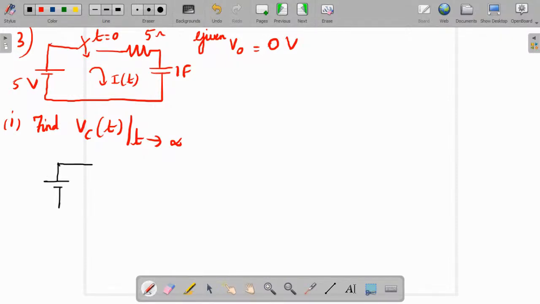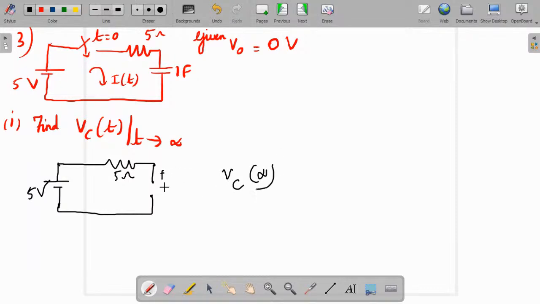As t tends to infinity, with the switch closed, we have a resistor and here the capacitor is open circuited. This is 5 volt and this is 5 ohm. So what about VC of infinity? VC of infinity will be across this. So what voltage will be here, the same source voltage? So VC of infinity will be equal to 5 volt itself.